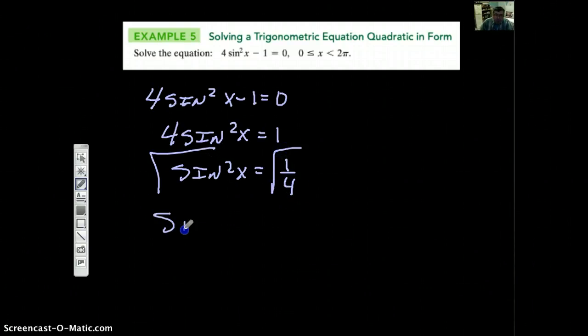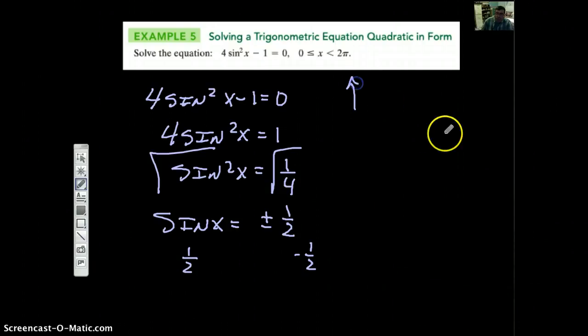So here I have sine of x is equal to plus or minus 1/2. What that means is we need to find all the values where sine is 1/2, and then we need to find all the values where sine is negative 1/2 in our range of values. We've been through this before.